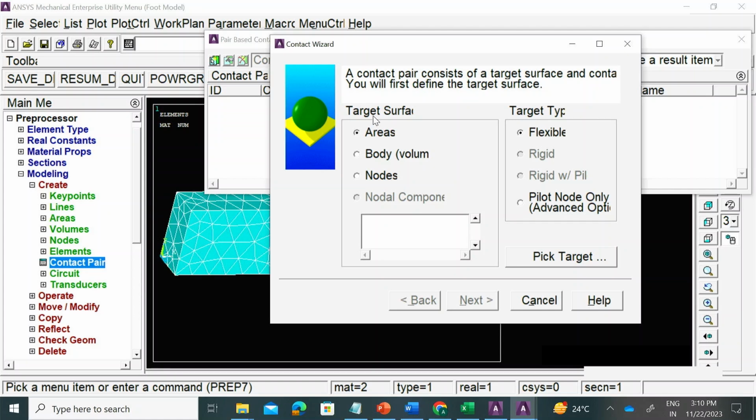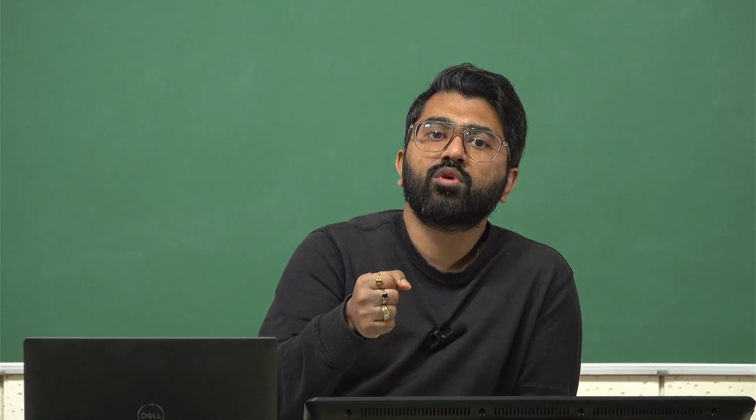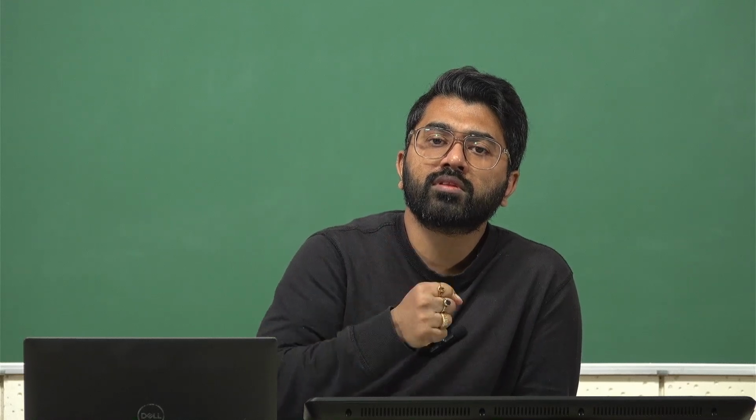So what is this contact and target? Typically whenever a bullet is, let's say, hitting a body, then the target is the body, the contact is the bullet, right? Similarly, when we are pushing something onto something, the thing which is pushing is the contact, and the one which is being pushed is the target, right?